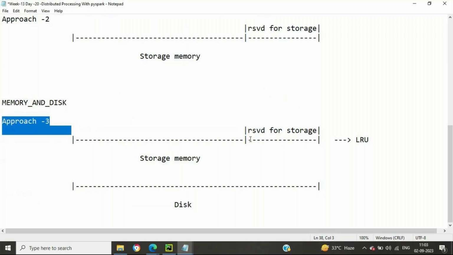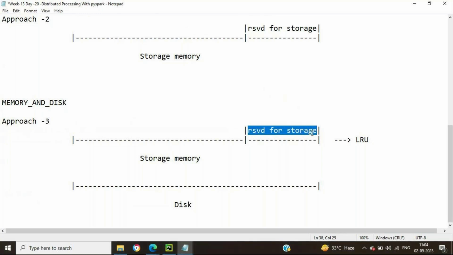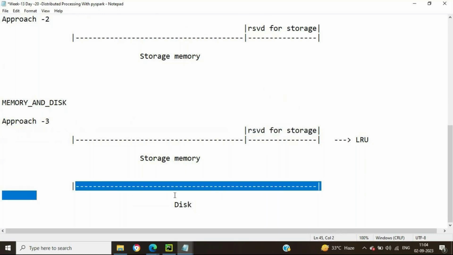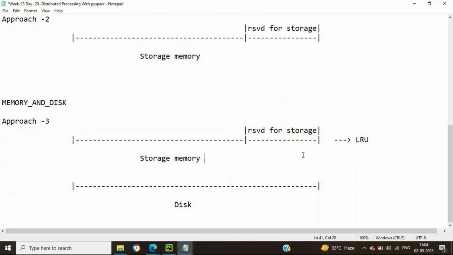Once we are having too much data to persist, then the mixed approach like memory and disk is utilized. The portion which is utilized heavily is kept inside the memory, and the portion which is least utilized is kept onto the disk. And still the LRU is working in order to move the data from disk to memory and memory to disk.